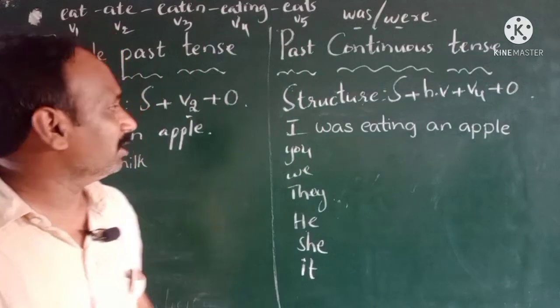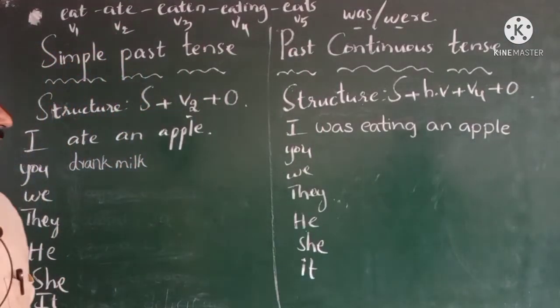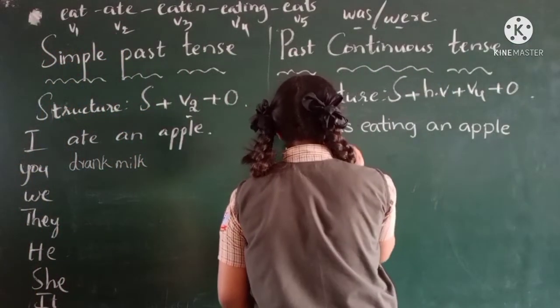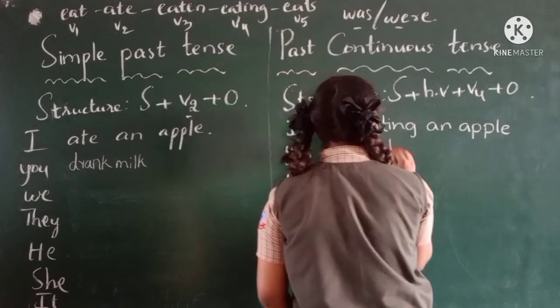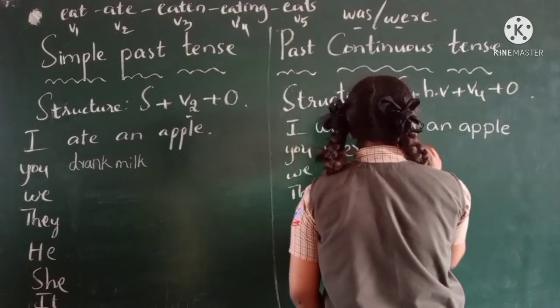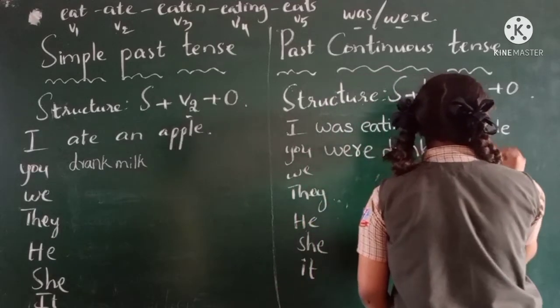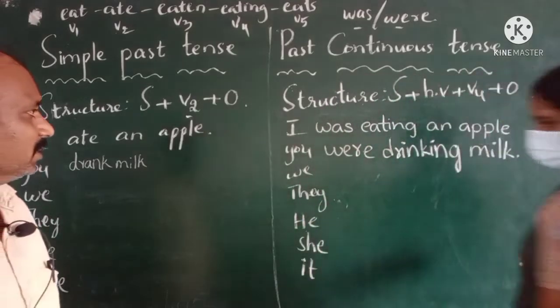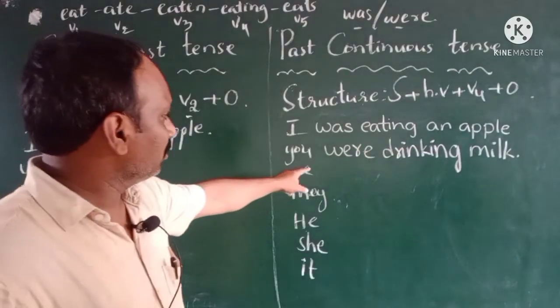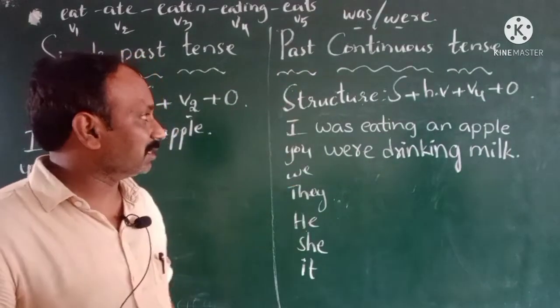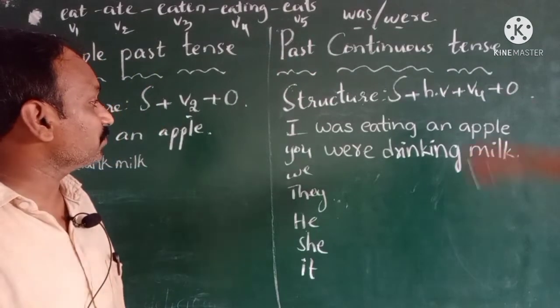Now Manogna will write one example for the past continuous tense. Write the example which you know. Okay, you were drinking milk. So how did you write this answer here? There are two helping verbs. So which helping verb did you use for the sentence?